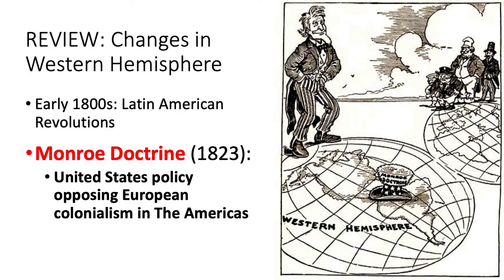Again, this is kind of American foreign policy. Part of this, the Monroe Doctrine in the 1800s, was where the United States said to Europe, you may not create new colonies in the Western Hemisphere. Again, those of you who had global may remember that South America used to be colonies of Spain and Portugal, and these areas of Latin America had gone through revolutions to become independent.